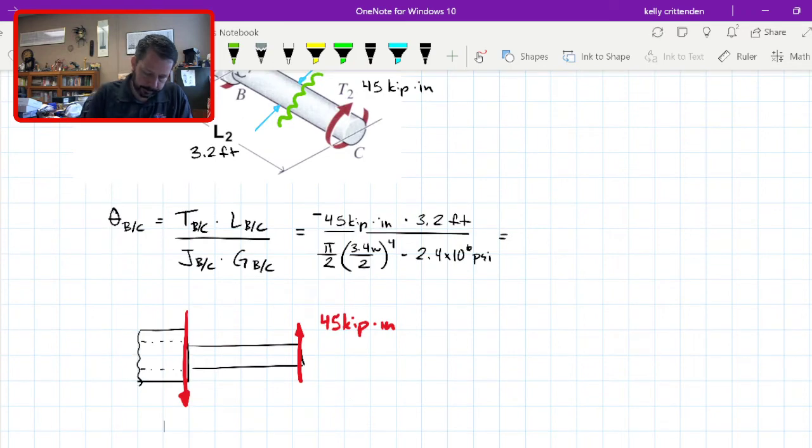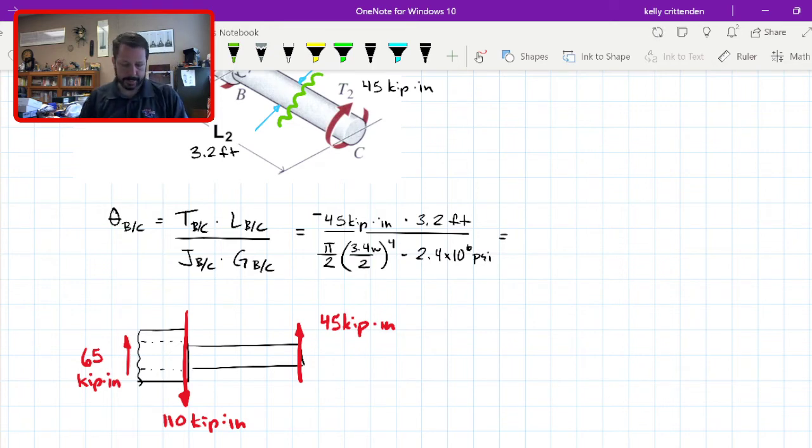Yes. Kip inches. And so that means I need another, whatever that difference is. What is that? 65 kip inches. Yeah, that's right.